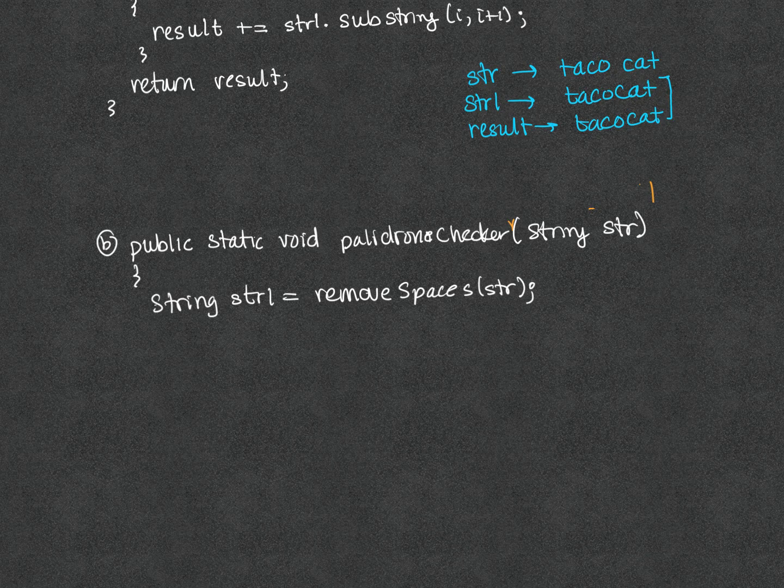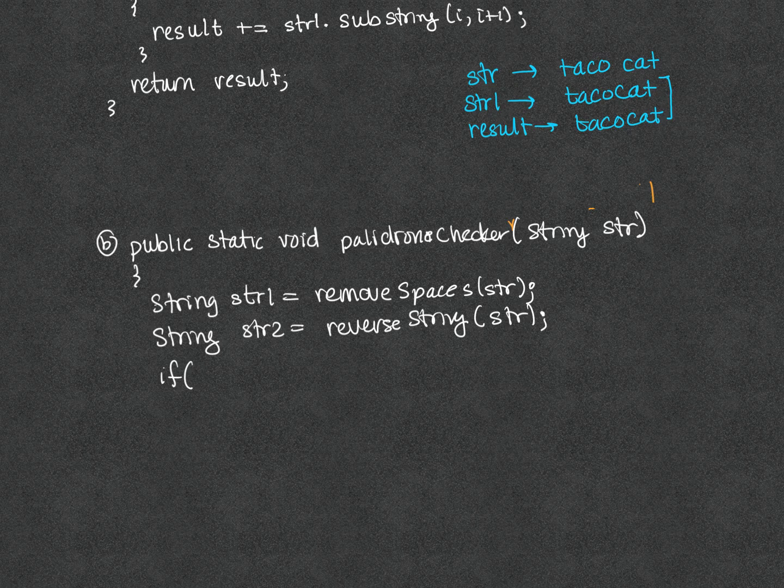The next thing we're going to do is have a new str2, which we're going to send the other one to reverseString. And then if str1.equals(str2), we have a palindrome.